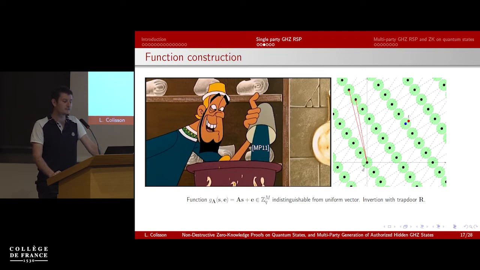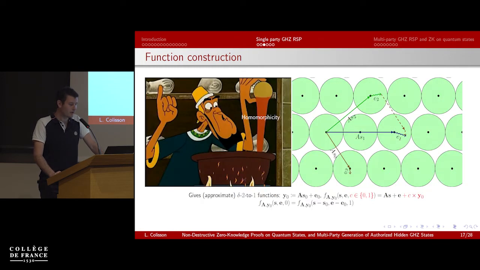Okay, so this is difficult to do, and that is why it will be used in the security proof of the protocol. Now, you also want your function to be two-to-one, so you want to have two preimages. The idea is to first sample a fixed vector, here y0, which is As0 plus e0.